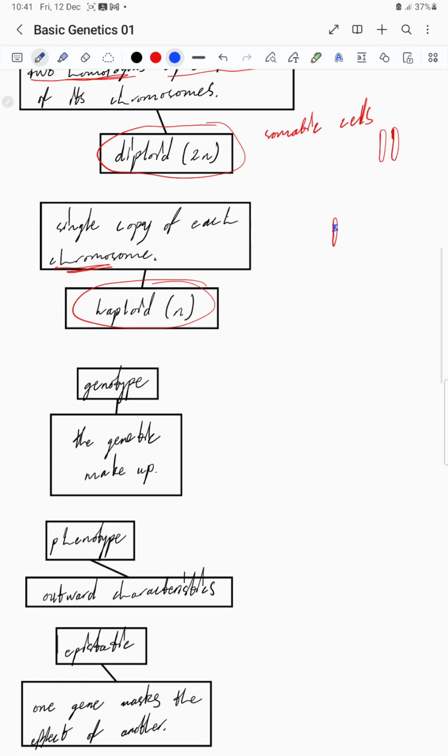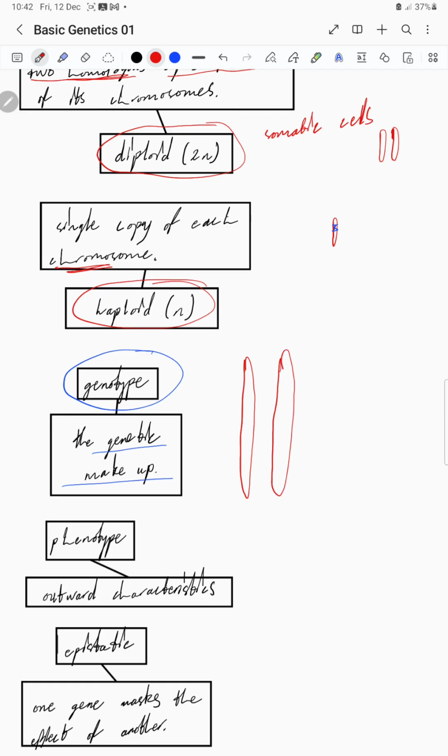So we have what is called a genotype. This is the genetic makeup of two chromosomes. Let's say we have these chromosomes, and we have capital R for the red pigment and small r.